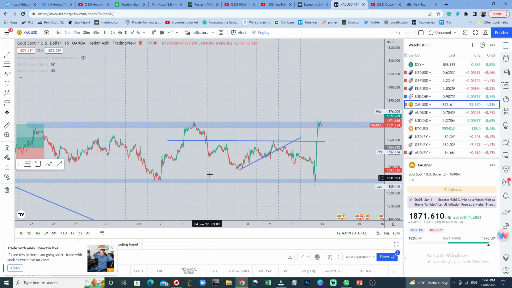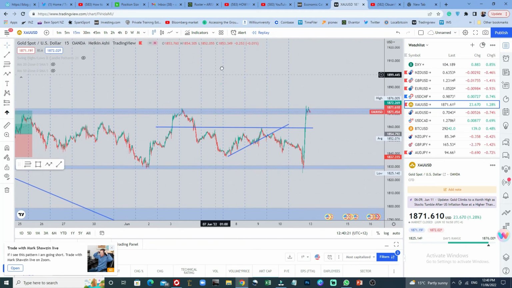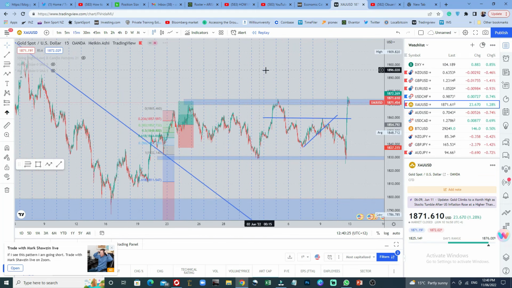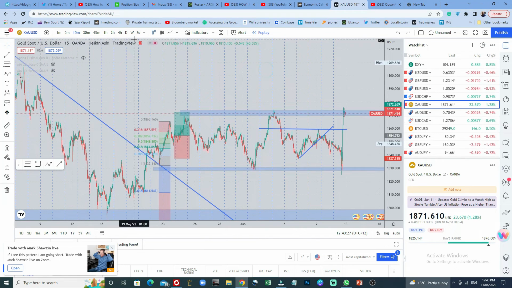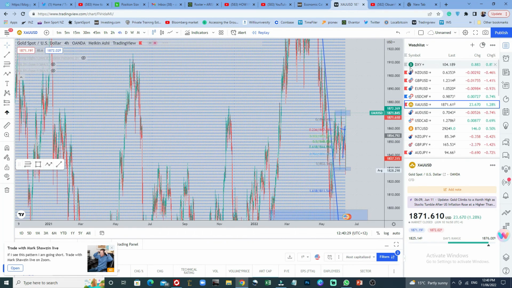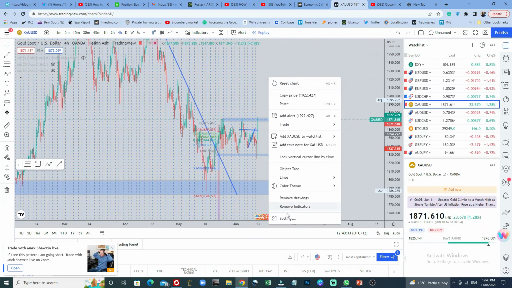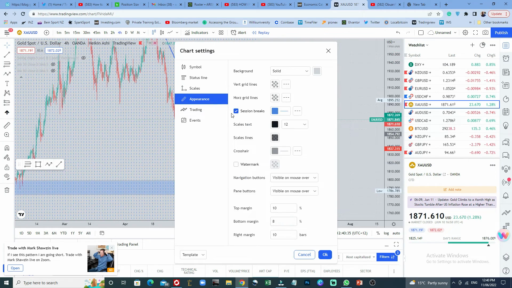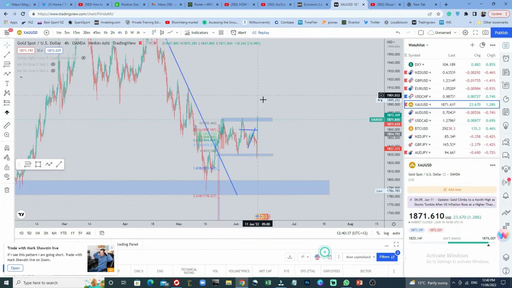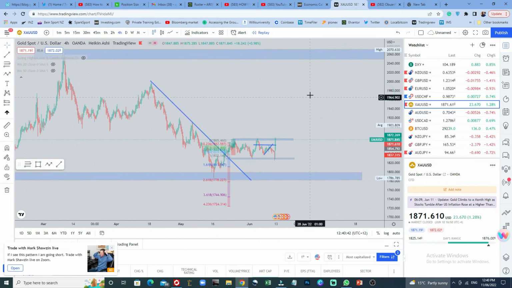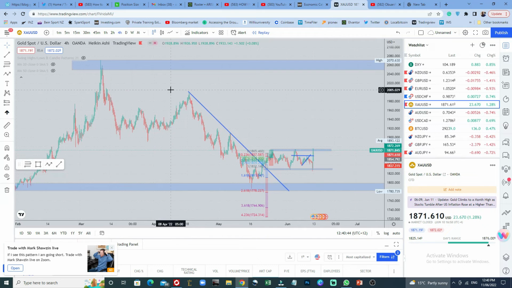Now, what happened was that if you look at this market, gold has been on a bearish trend. I will explain. I'll remove the sectional break. Gold has been on a bearish trend since the Ukraine and Russia war.